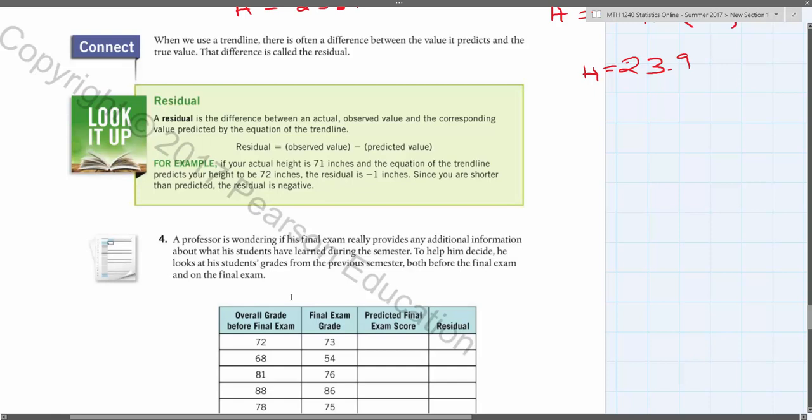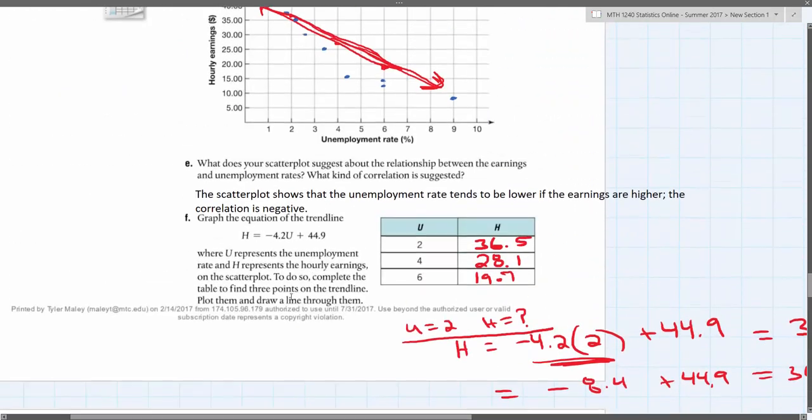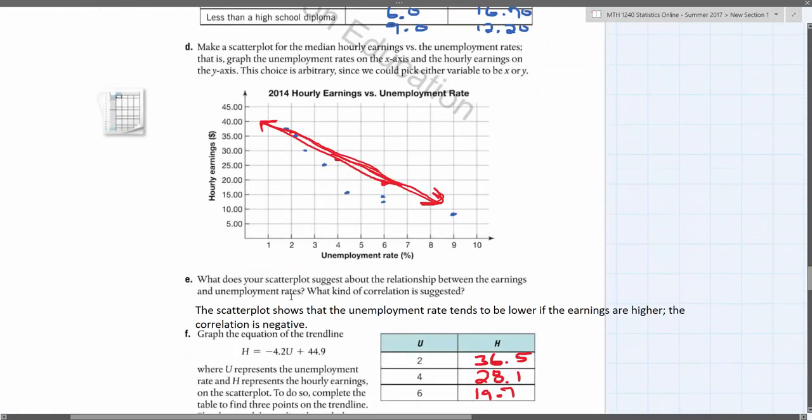So a residual is the difference between an actual and a predicted value, right? So let's talk about observed versus predicted. If we go back up to my equation, if I consider this value, and I'm just going to go straight up and look at a value that's on the line, these 2 points have the same x value.